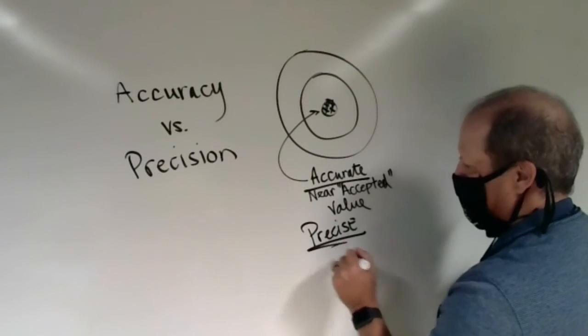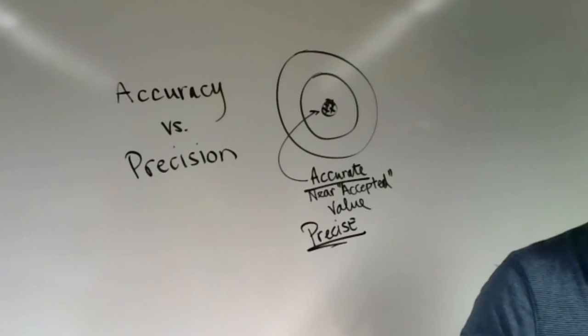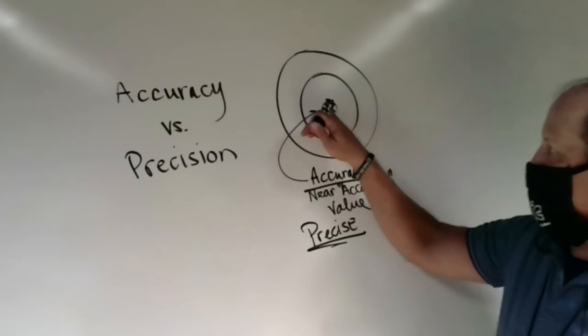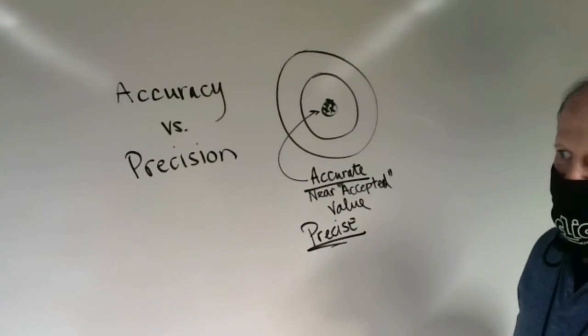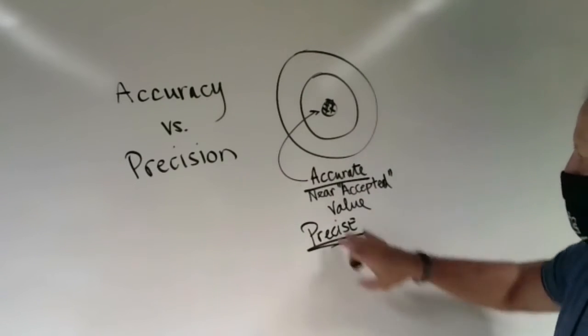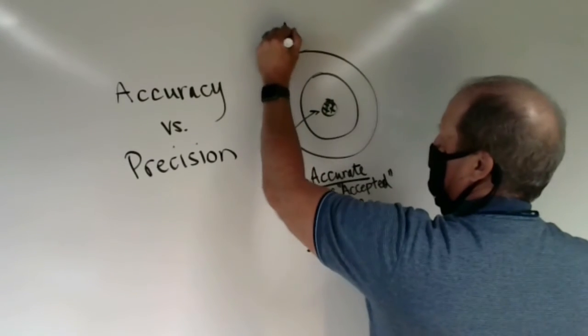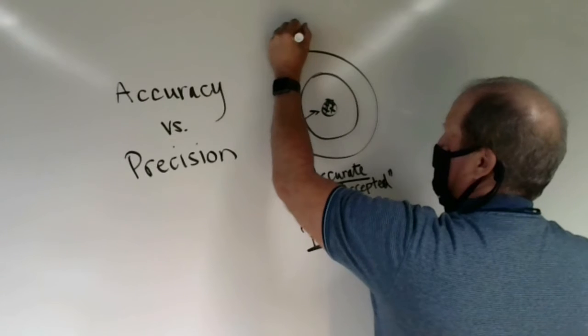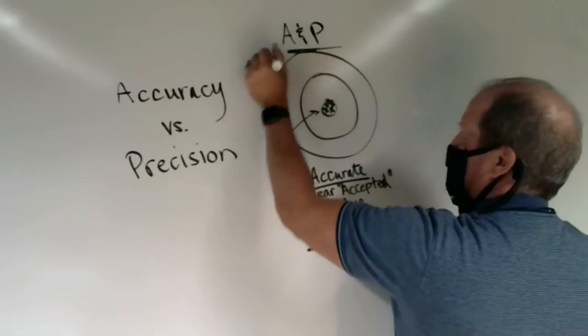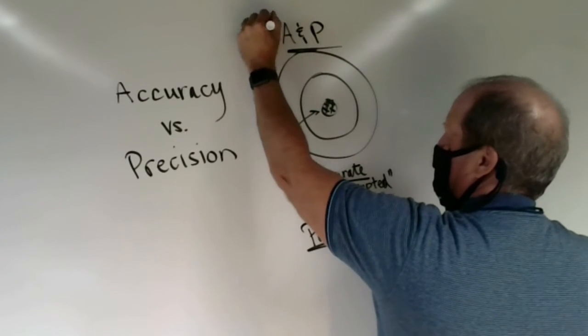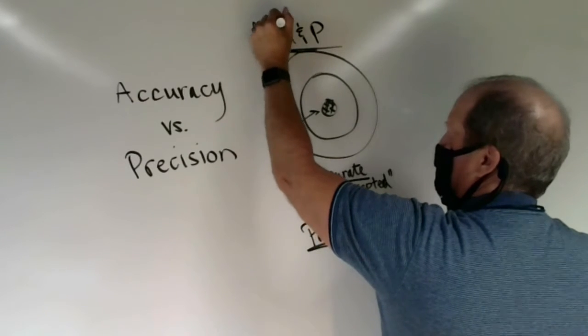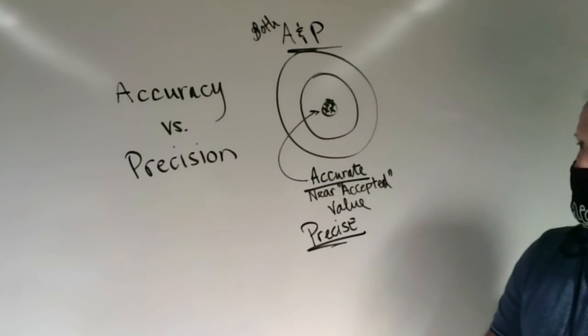Precise is to say we can reproduce those results over and over. In other words, there's a cluster in the same place. So that would be accurate and precise, A and P, both.